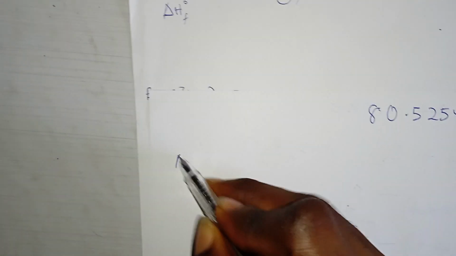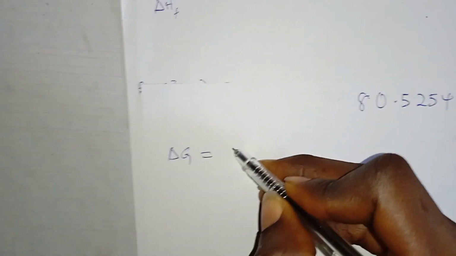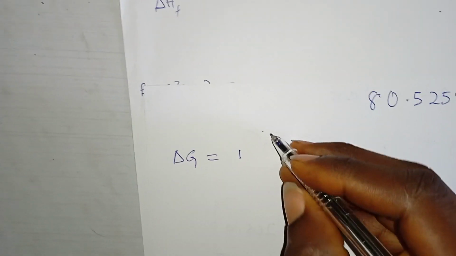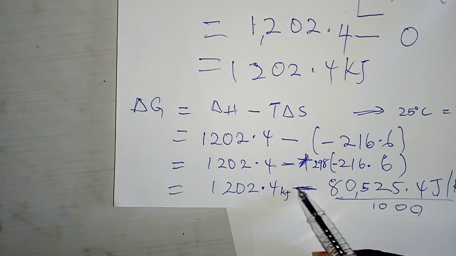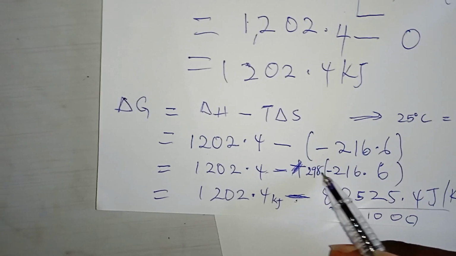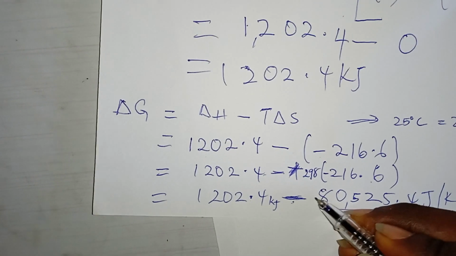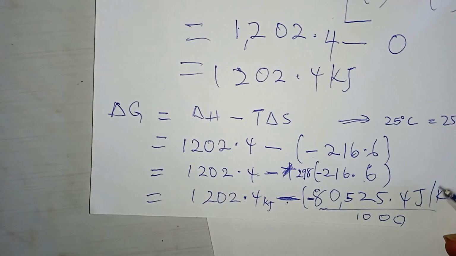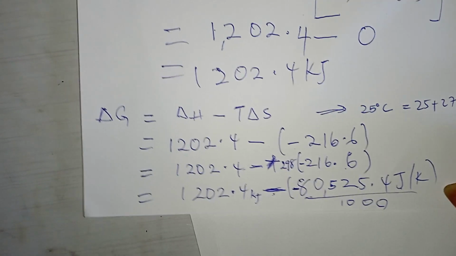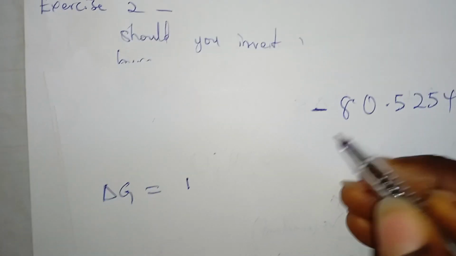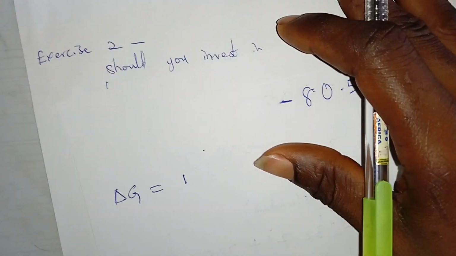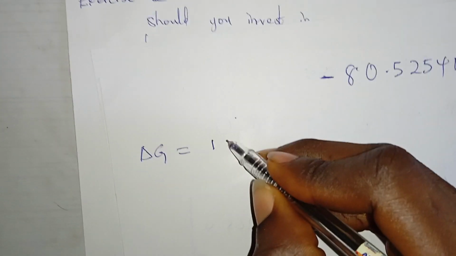Now we remember that our delta G has the enthalpy, and notice that this is minus, and when this times this, it's still going to give us a minus value. So let's not confuse it. Let's continue where we are now. So this value is minus 80.5254.